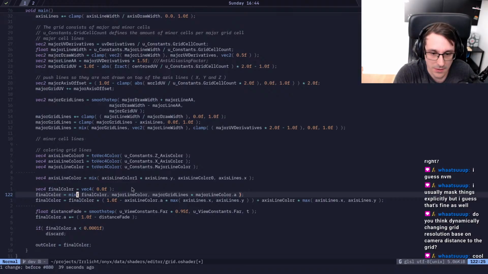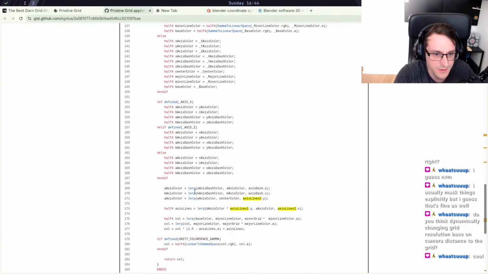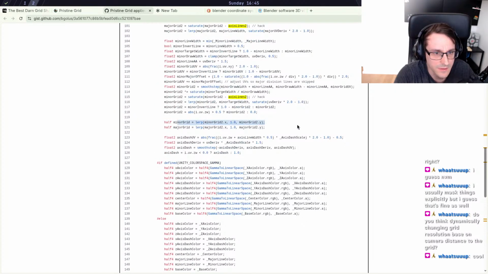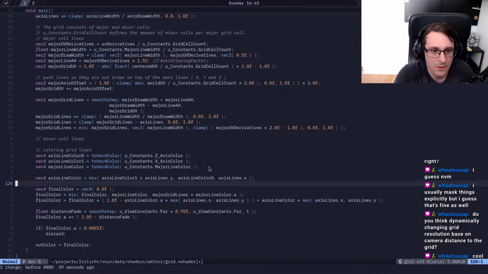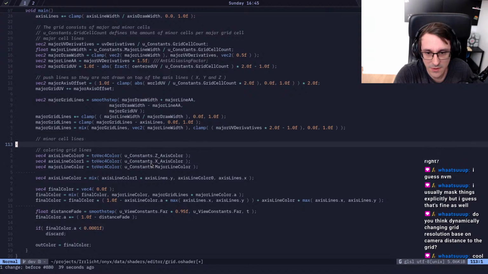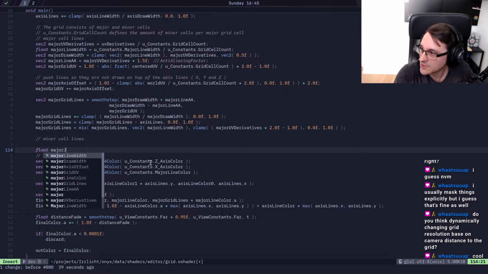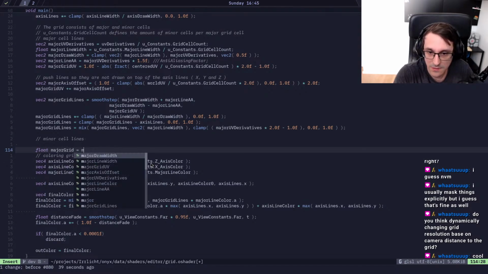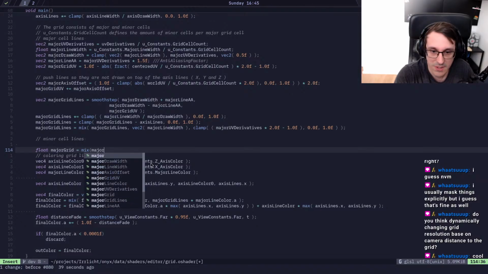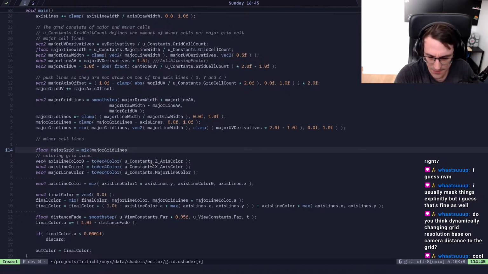Oh yeah. I forgot one thing, which is where is it? Major grid. Here he does this one, which we need to do. So what we need to do is here float major grid is a mix between our major grid lines x and 1.0 based on the major grid lines y.